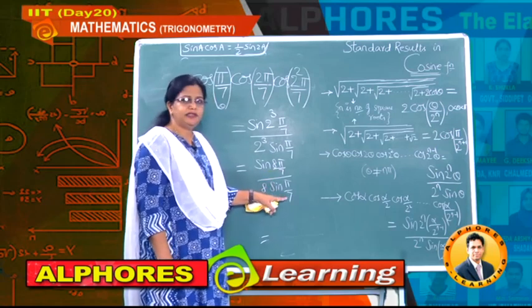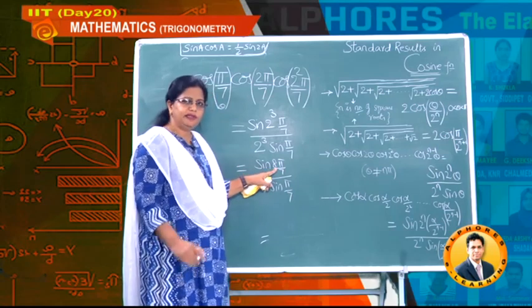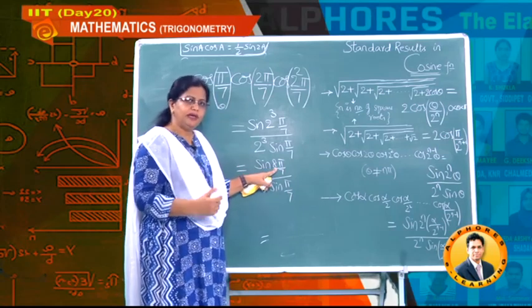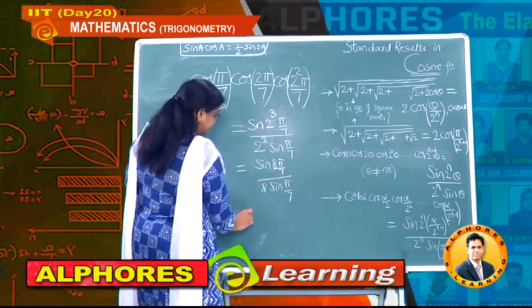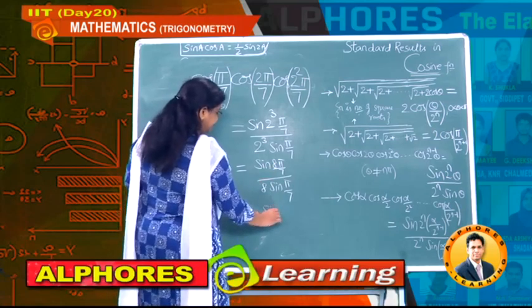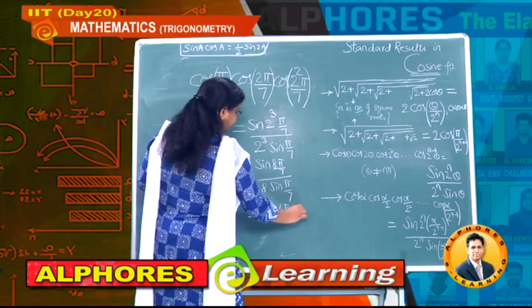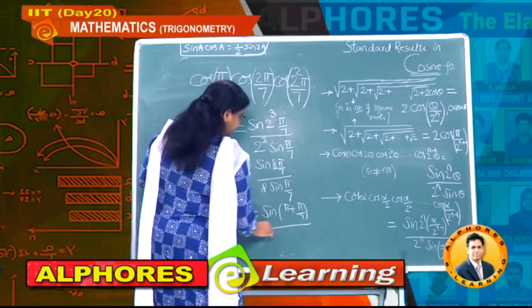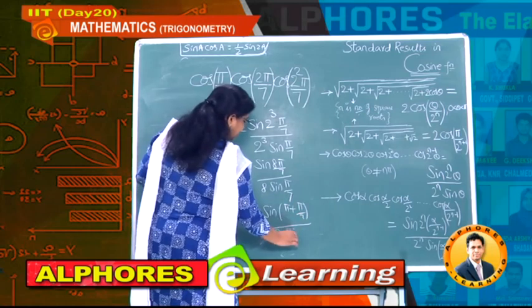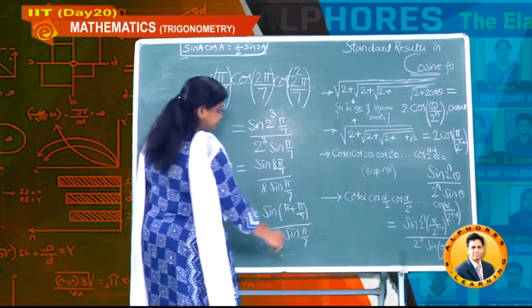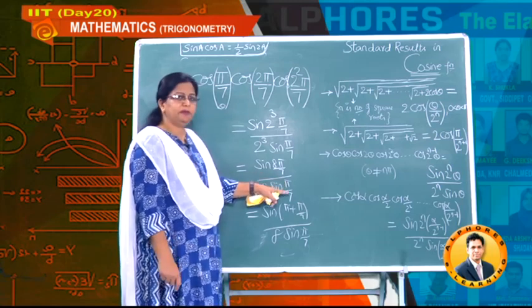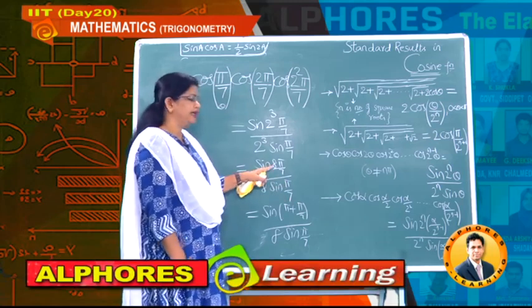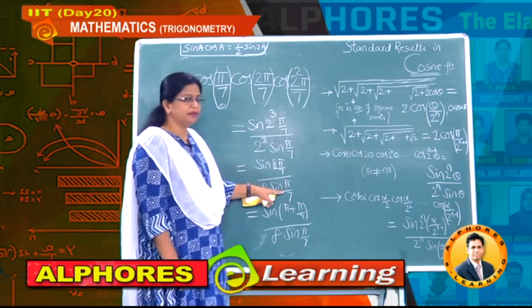Pi by 7 is there, and 8 by 7 is nothing but 1 plus 1 by 7. Therefore, I can write this value as sine of pi plus pi by 7, divided by the denominator, 8 times sine pi by 7. So you should have that immediate vision. How can I write 8 pi by 7 in terms of this?